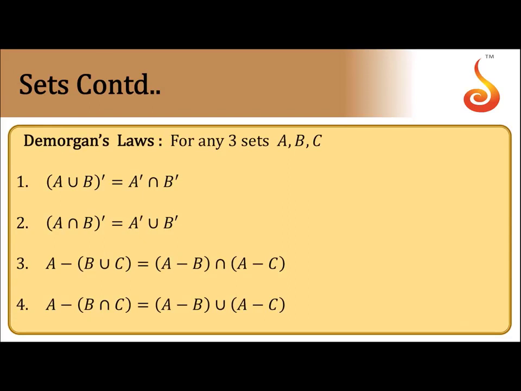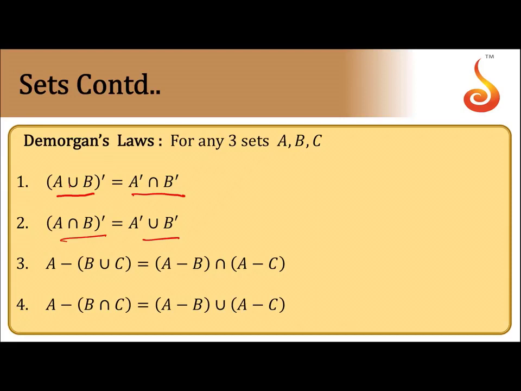Coming to the De Morgan laws, which are very useful. In the lower class you might have proved them already, so let us revise the concept here. The complement of the union gives the intersection of the complements, so union becomes intersection and intersection becomes union.